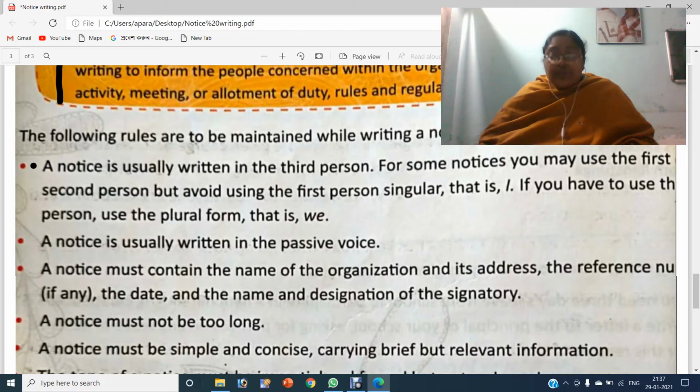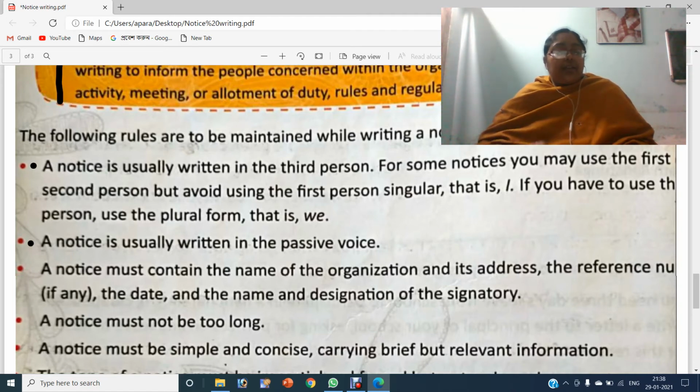If you have to use the first person, use the plural form of it. That is we. I hope it's clear to you. When we say we, the people of this school notify the students that, then we are using we. Here if we use I, it will not be proper.